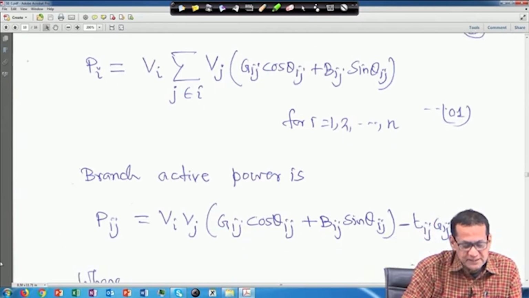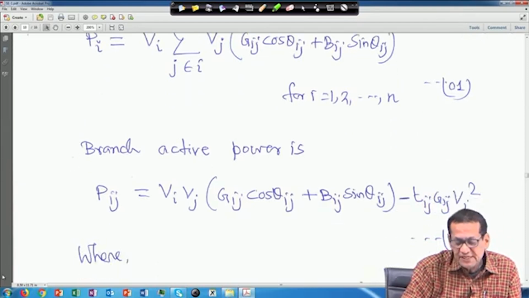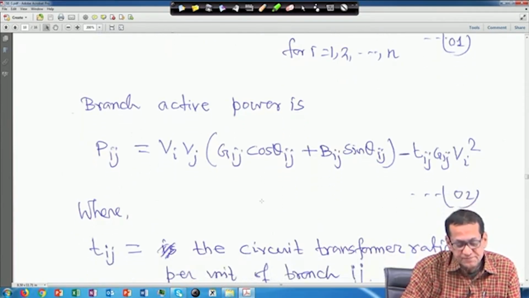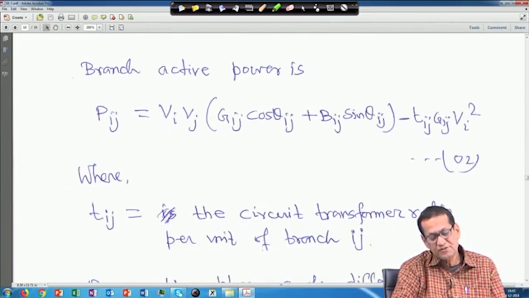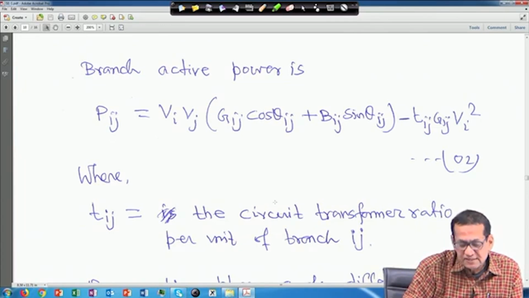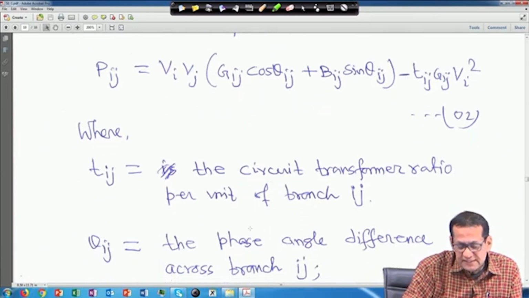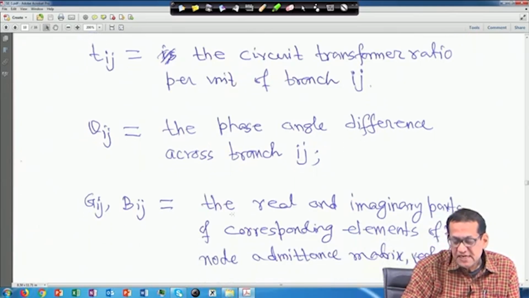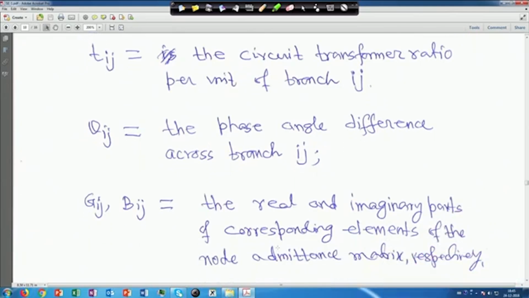So, the branch active power, that is the power flowing from branch i to j, is V_i V_j (G_ij cos θ_ij + B_ij sin θ_ij) minus t_ij G_ij V_i squared, where t_ij is the circuit transformer ratio per unit of branch ij, and θ_ij is the phase angle difference across branch ij. G_ij and B_ij are the real and imaginary parts of the corresponding elements of the node admittance matrix respectively, that is conductance and susceptance.